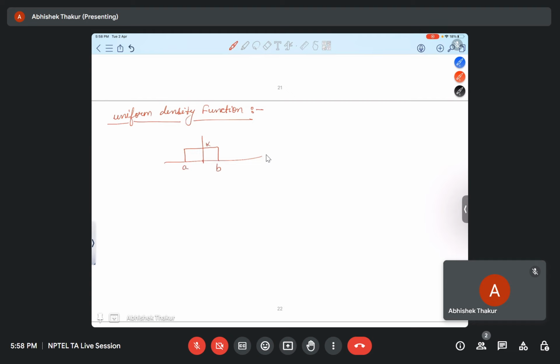So this value will be (A plus B) by 2. And this is the density function. So the value of K will be here 1 by (B minus A) for the value of X lying between A to B, and K is equal to 0 otherwise.